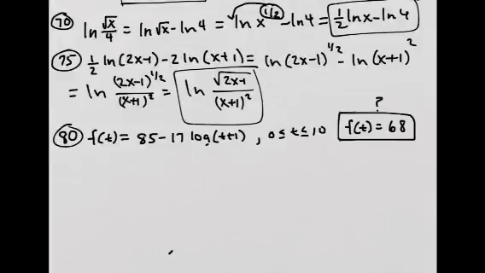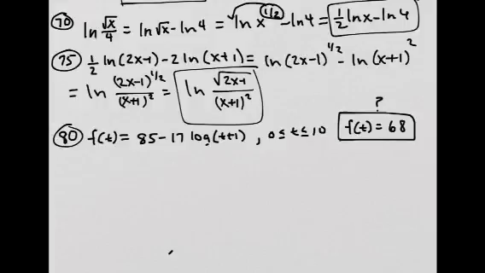Alright, so for number 80 you have a logarithmic function that tells you the average score of a repeated test after time t in months, and t is between 0 and 10, less than or equal to 10.